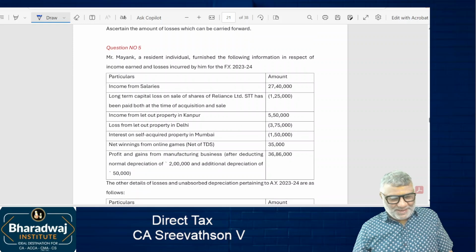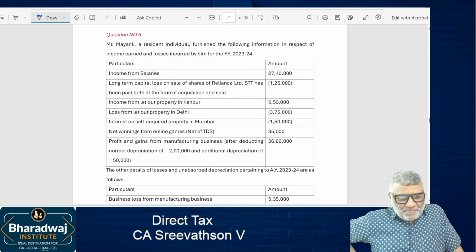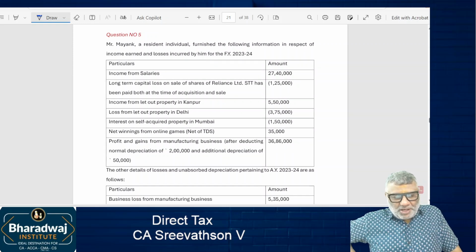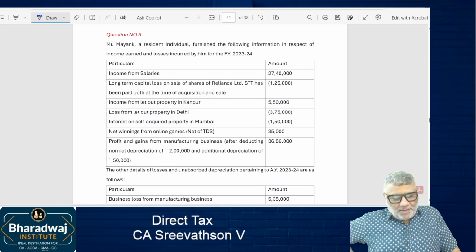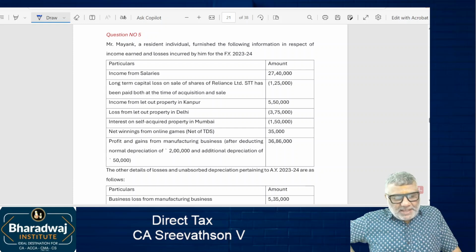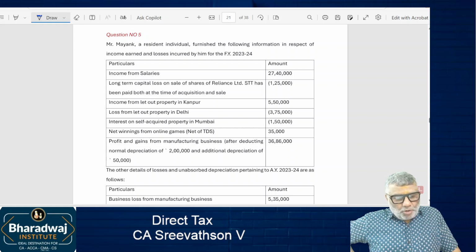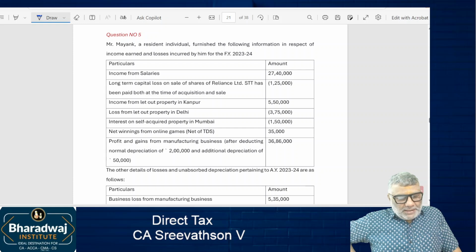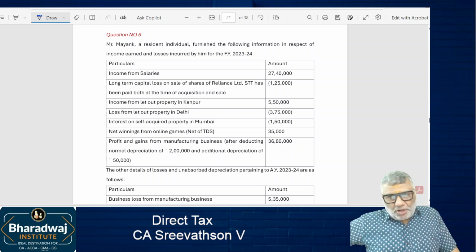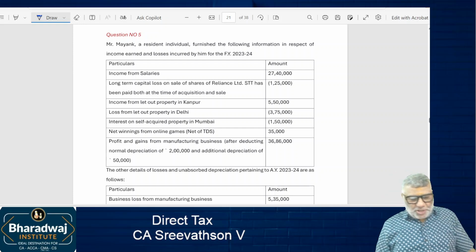Okay, so question number 5. Mr. Mike, a resident individual, furnished the following information in respect of his income: salaries, LTCL on shares of Reliance Limited, STT has been paid both at the time of acquisition and sale, IHP, loss from let out property, interest on self-occupied property in Mumbai, net winnings from online games, net of TDS, we need to gross up, profit and gains of manufacturing unit after deducting normal and additional depreciation.